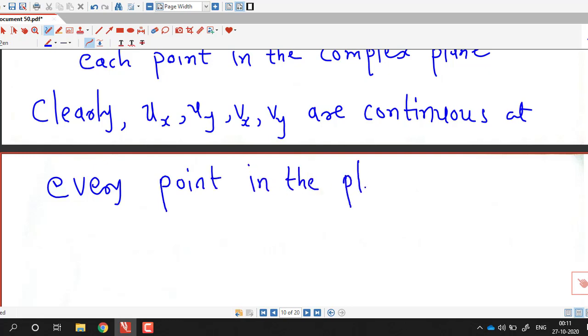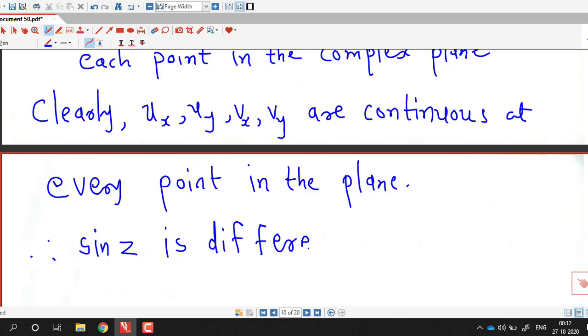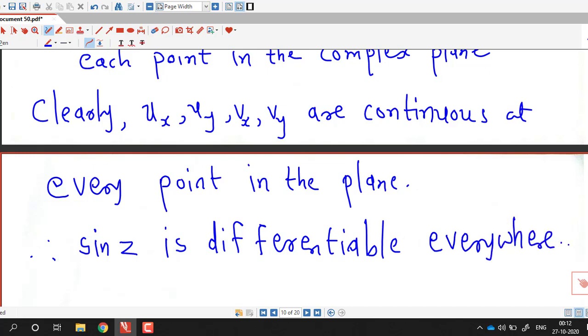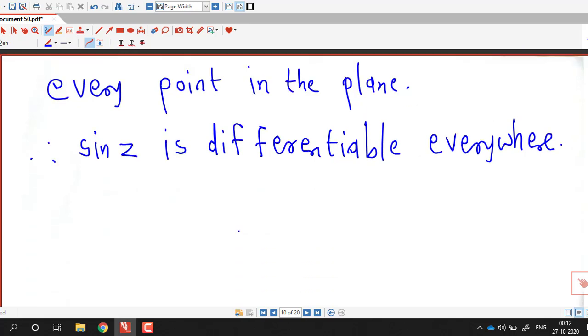So both conditions for differentiability are satisfied. Therefore we can write that sin z is differentiable for all points z in the complex plane. Sin z is differentiable everywhere, meaning it is differentiable at each point in the complex plane.